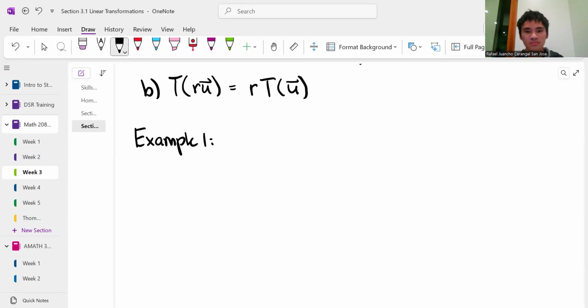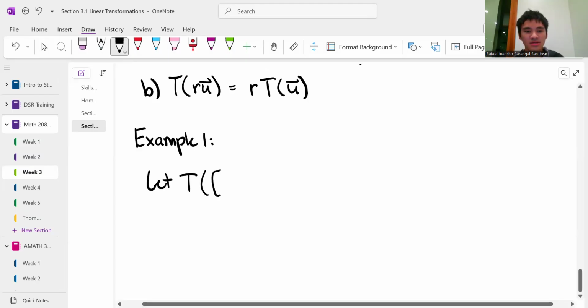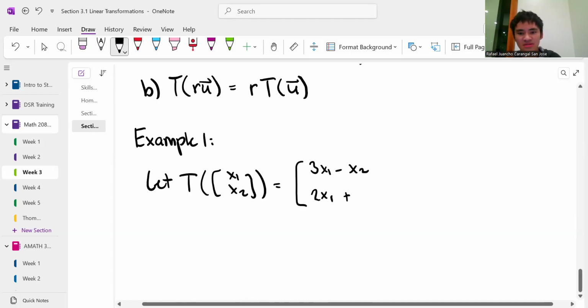Here we let T of this vector here be equal to this thing here. So this is actually already in the form x sub 1 plus 5x sub 2.